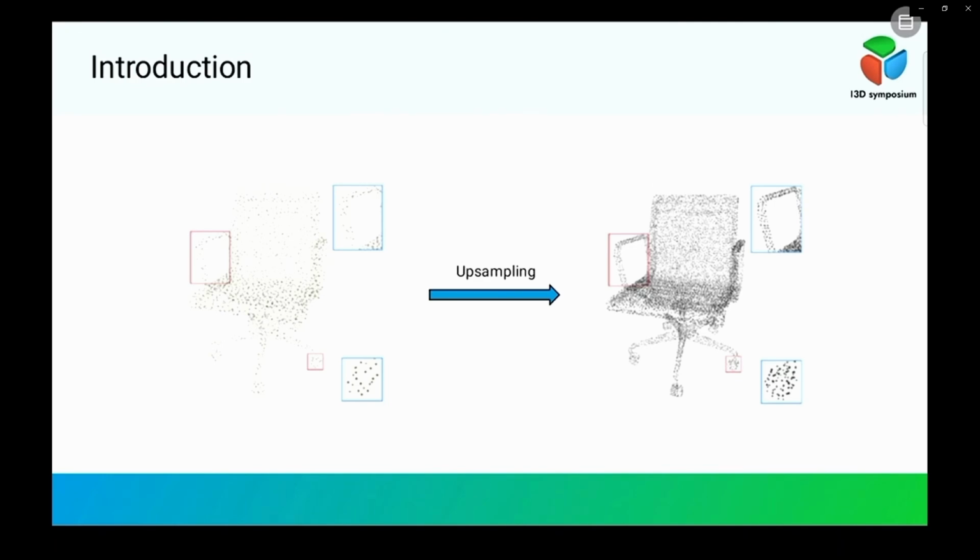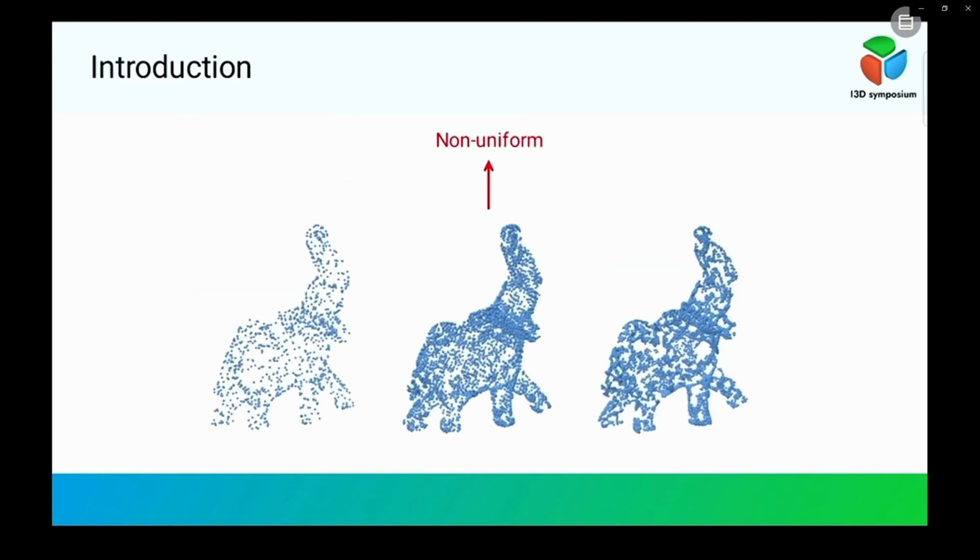For point cloud upsampling tasks, the objective goes beyond simply generating dense and uniform point sets from sparse inputs. More importantly, upsampled points should closely adhere to the underlying surface geometry. However, when the input point cloud is highly sparse, the gaps between neighboring points become increasingly pronounced.